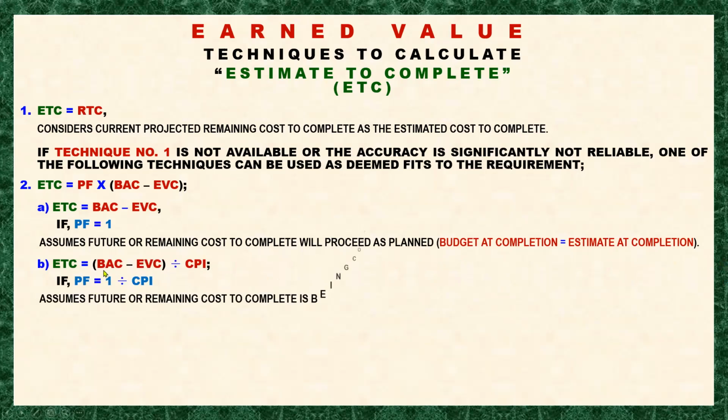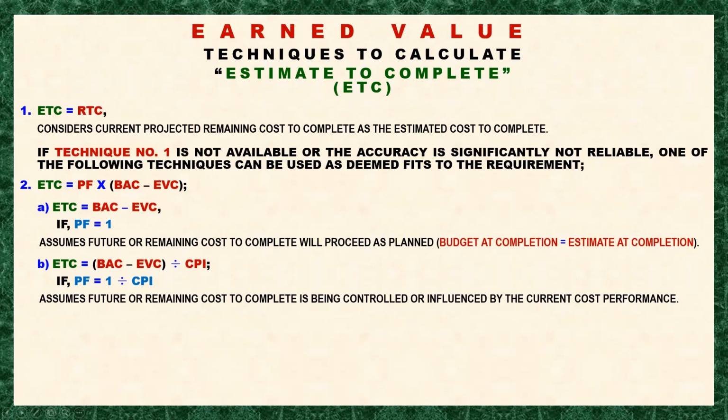So the ETC is equal to BAC less EV, if the performance factor is 1 divided by the cost performance index, right? If this is the formula and you replace 1 over CPI here, it will come out that BAC less EV will be divided by the cost performance index. So this technique assumes that the future or remaining cost to complete is being controlled or influenced by the current cost performance.